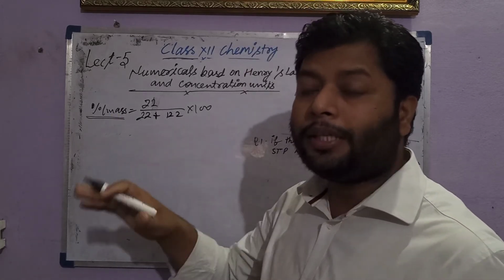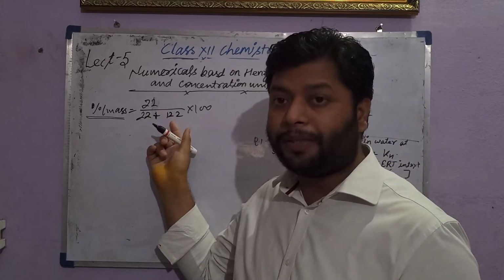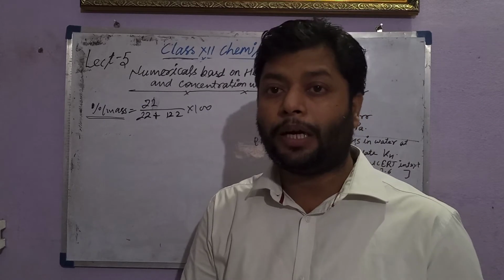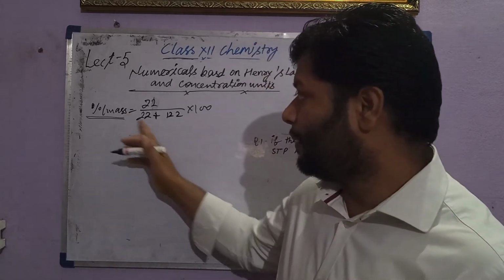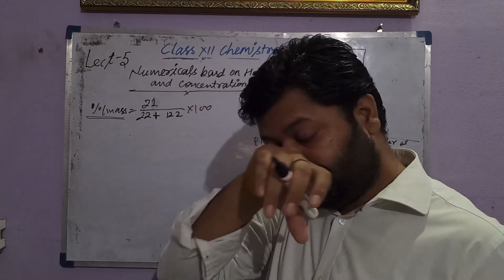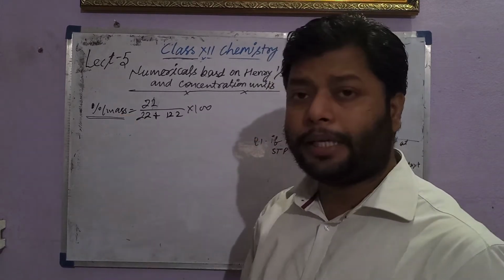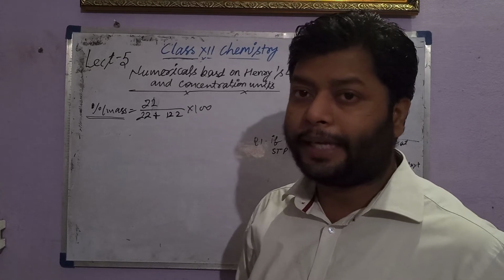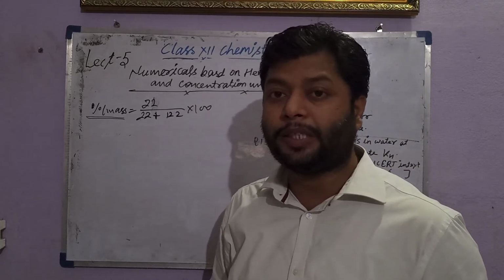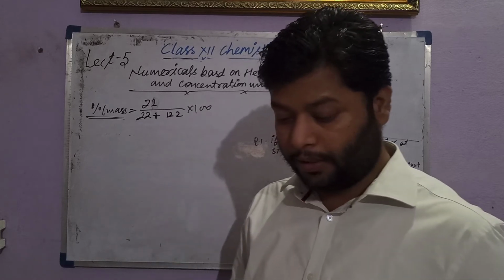Or you can subtract the obtained value from 100, because the whole percentage is always 100%. So if we have the percentage of benzene, that can be subtracted from 100 to obtain the mass percentage of the other component.